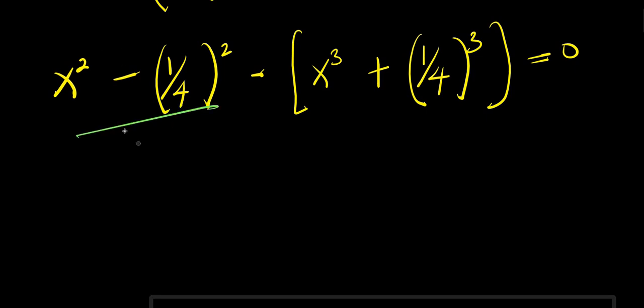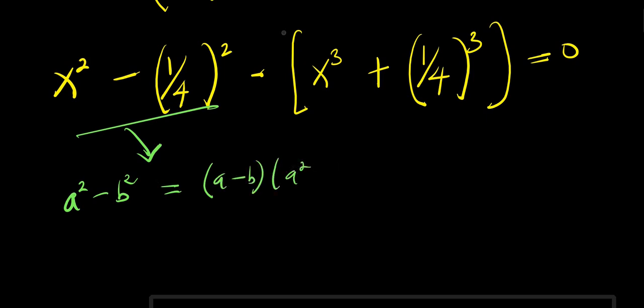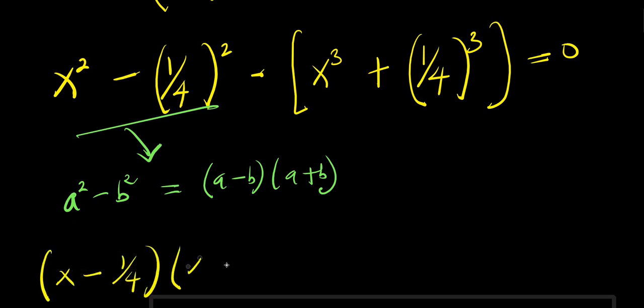To expand this, we make use of difference of two squares. So if you have a squared minus b squared, it equals a minus b times a plus b. So this will give us x minus 1 over 4 times x plus 1 over 4. Then we have minus.